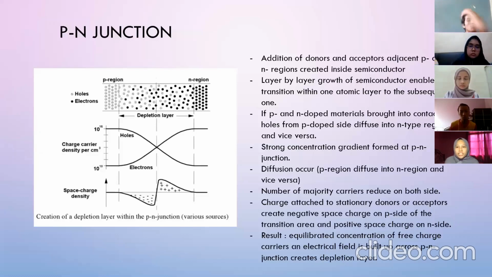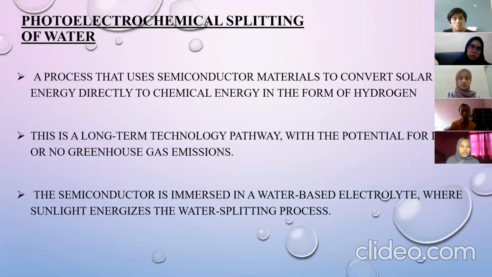The charge attached to stationary donors or acceptors creates a negative space charge on the p side of the transition area and a positive space charge on the n side. As a result, an equilibrated concentration of free charge carriers and an electrical field are built up across the p-n junction, creating the depletion layer. So that's it for me. I'll pass to the next group members. Thank you.